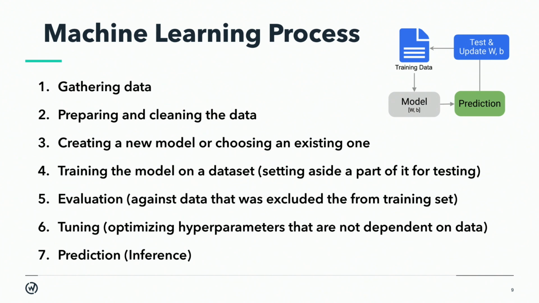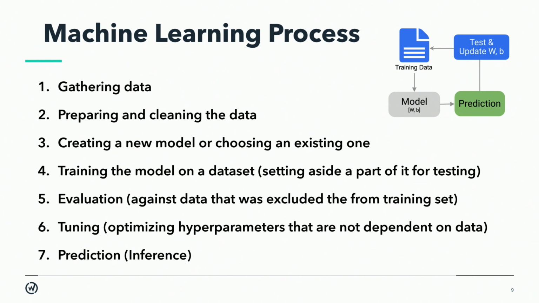Then the next step is you can either create a new machine learning model, building the model architecture from scratch by yourself, or you can choose an existing one. And then you have to train the model on your data set. One important thing to remember here is do not use all the data that you've collected for training the model. You need to set aside a part of the data for testing the model later, so you can figure out if your model is actually performing well or not.